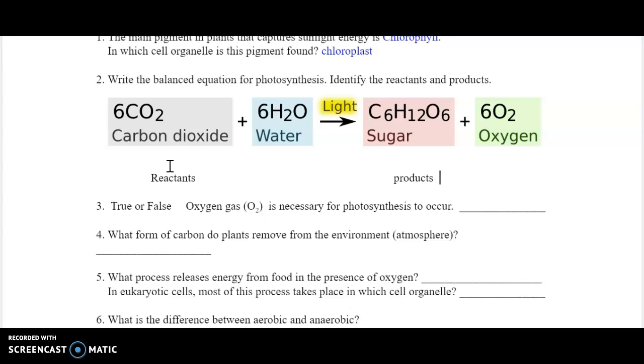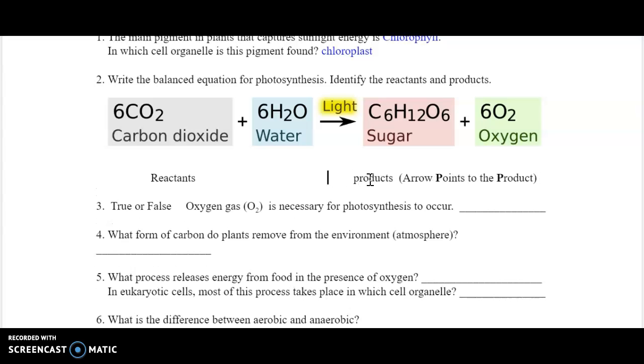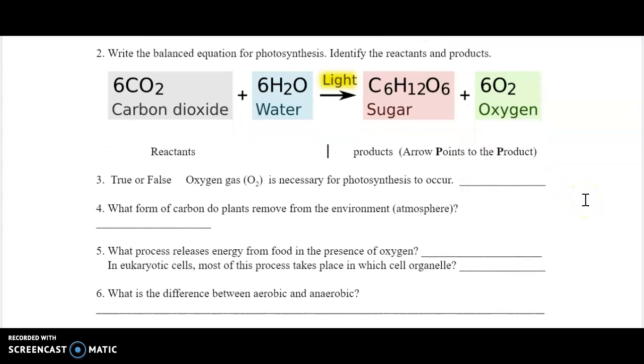But if you remember that the arrow points to the product, no matter how it's written, the arrow is always going to point to the products. So that'll help you remember: arrow points to the products.